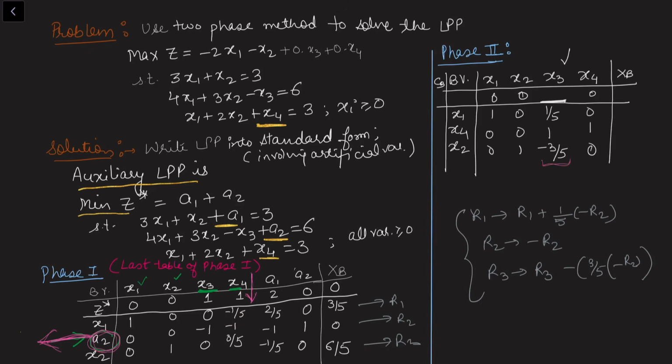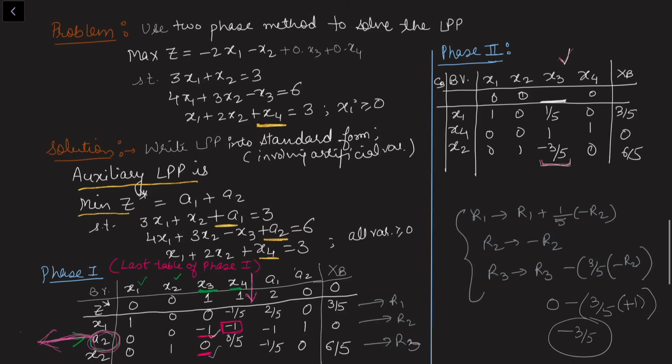If I want to verify this minus 3 by 5, which corresponds to x3, you can see that corresponding to x3 we have this -1 and 0, and -1 was the pivot element. So in this case, the R3 value is 0, this is the R3 value, minus 3 by 5 times minus of R2, which is -1 here. So this is minus of -1, that will make it +1. So this value is -3 by 5, and hence we have written -3 by 5. And on the right hand side we have 3 by 5, 0, 6 by 5.